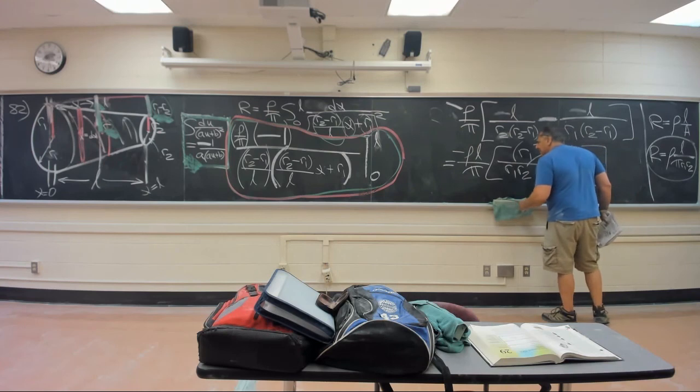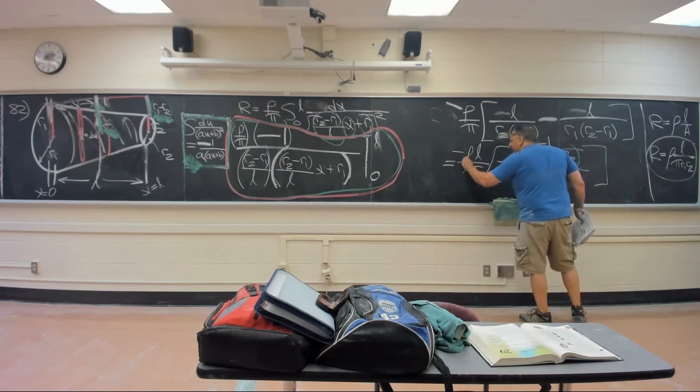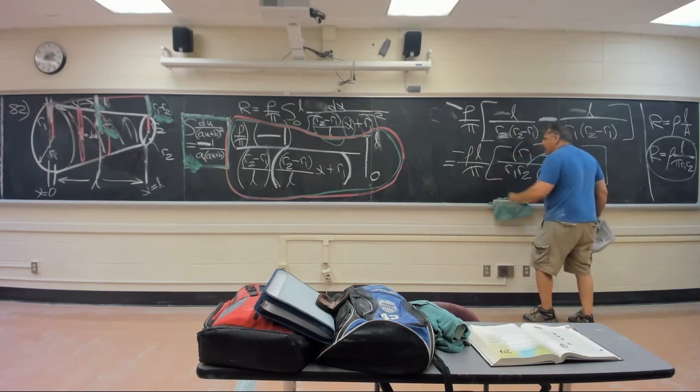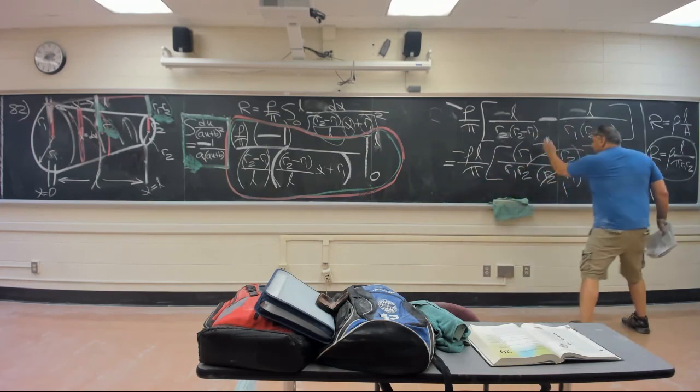Everything is positive except that there's a negative 1 times rho L, and there's a negative 1 right here. Negative 1 times negative 1 is positive. And at the end of the day, that's out of there.